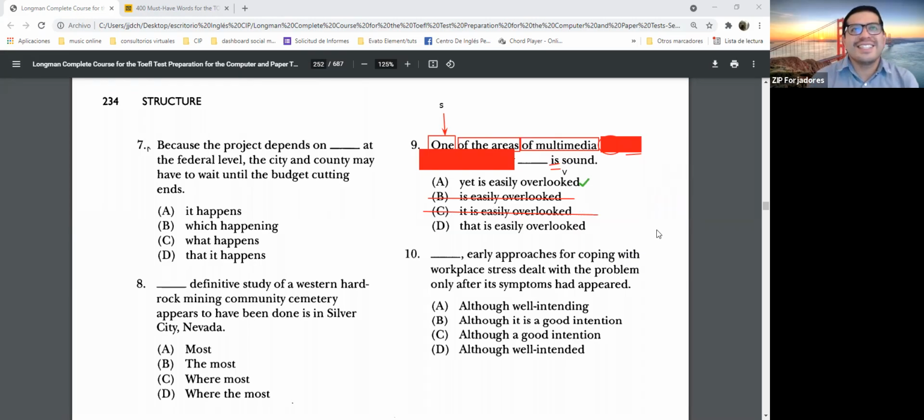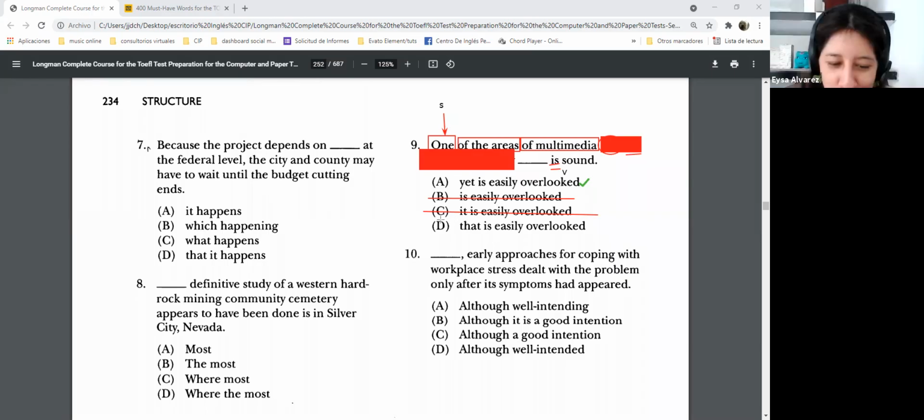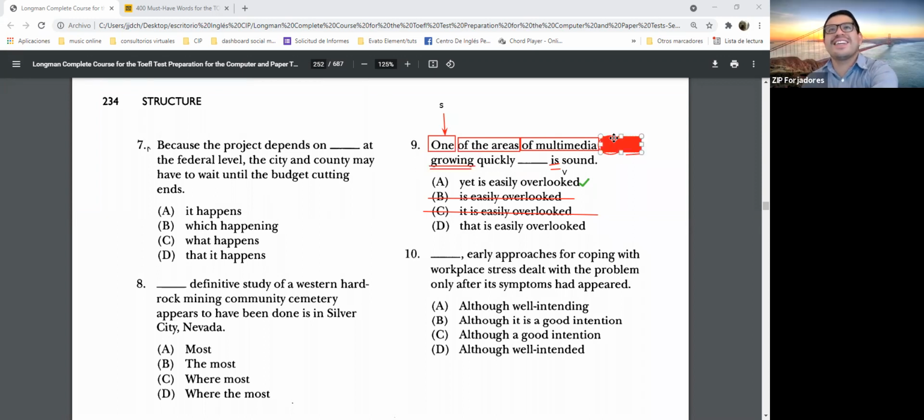Next, the letter D cannot be. Why? This is the strange one. Let's see. "That" is a connector, yes, it's an adjective clause connector, and the verb is "is easily overlooked".